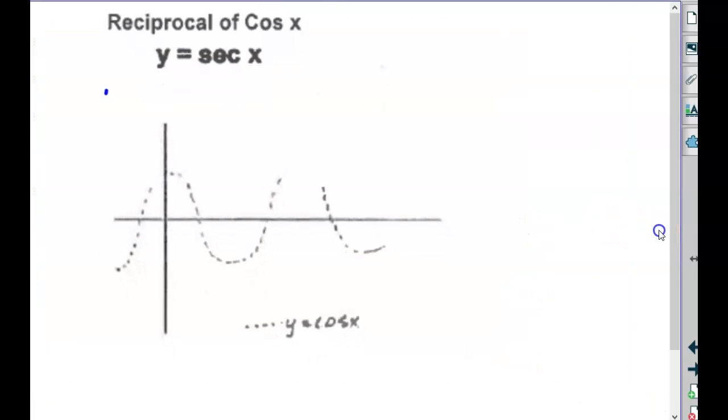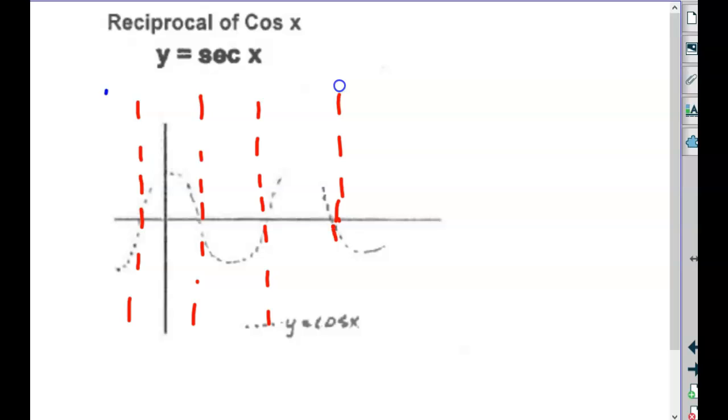Anytime you're asked to graph a secant graph, you would first graph the cosine, then you would figure out where all the asymptotes are. You would figure out the amplitude of that cosine graph, and then you would take each of those little maxes and mins and do what to them? Flip them, yes. By the way, the asymptote is not officially part of the graph.